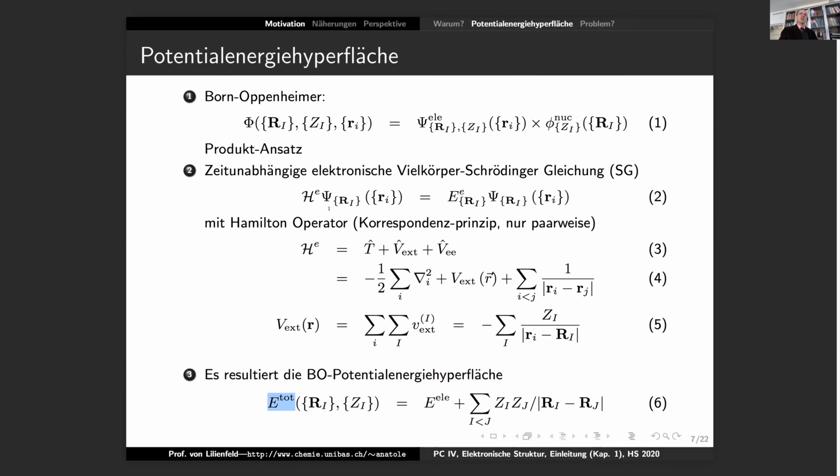Okay, let me go back here. You see again our Schrödinger equation. So we multiply from the left with psi. Then your energy is just a number, so you can pull it in front of psi, and you have psi times psi, and here you have psi times H applied to psi on the left side. And then you integrate over the whole thing, and psi multiplied by itself, integrated, if normalized, becomes 1.